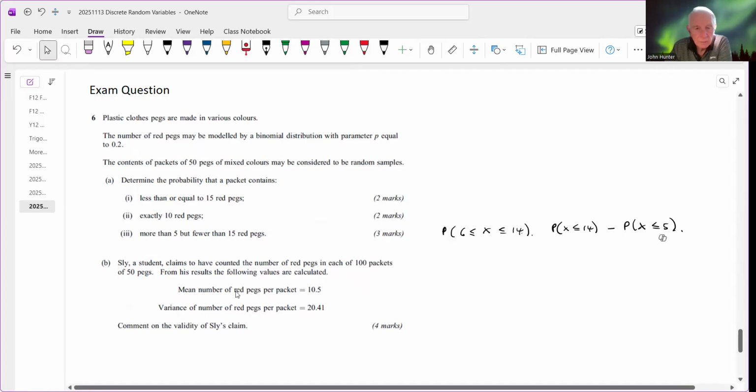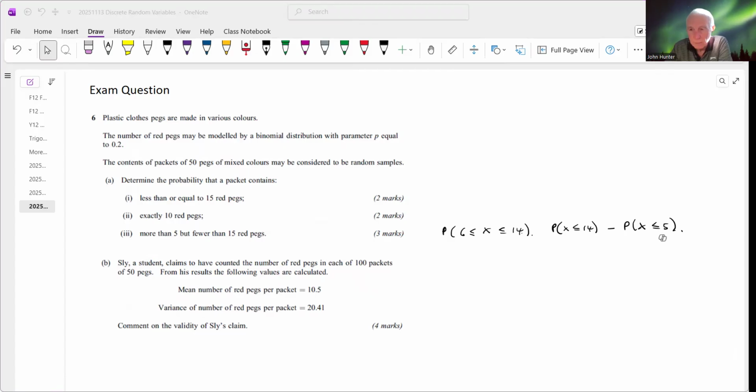But the mean number of red pegs per packet. Well, what did we get? I have to do it again now. I can't remember. So we're saying that the variable equals 0.13.